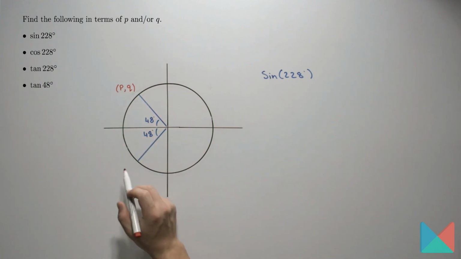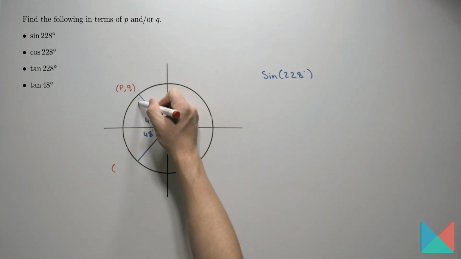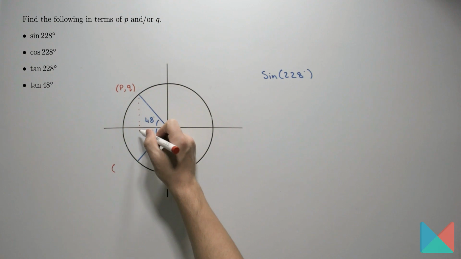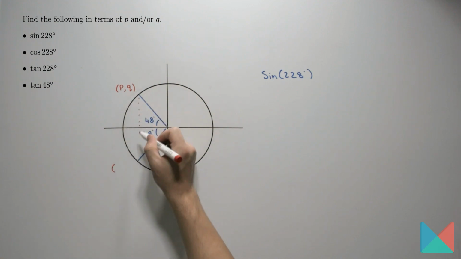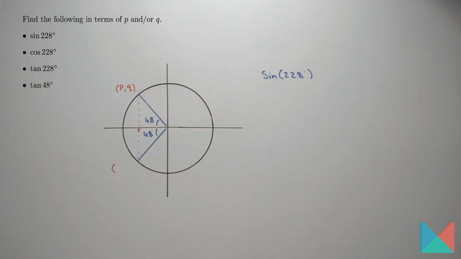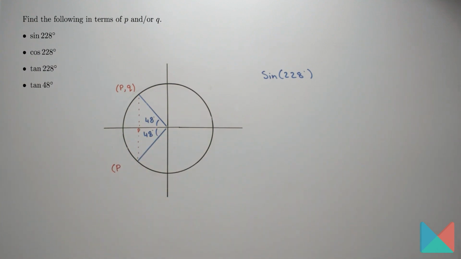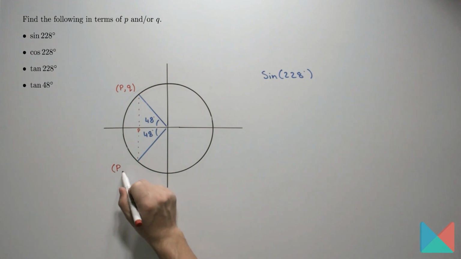So if we map this down, this value here will be the x component P, and if we go further down, it will map to the same value.